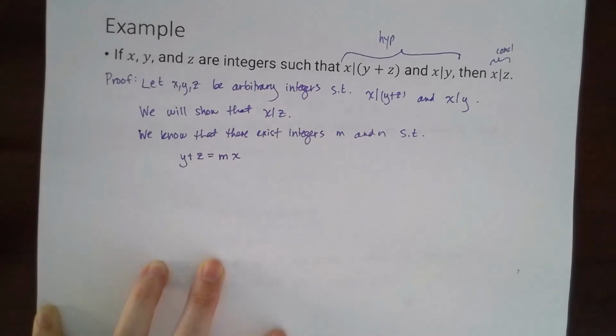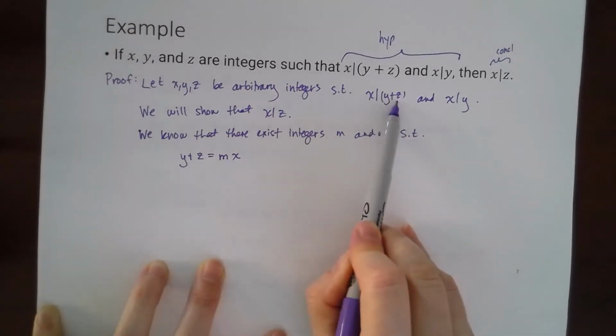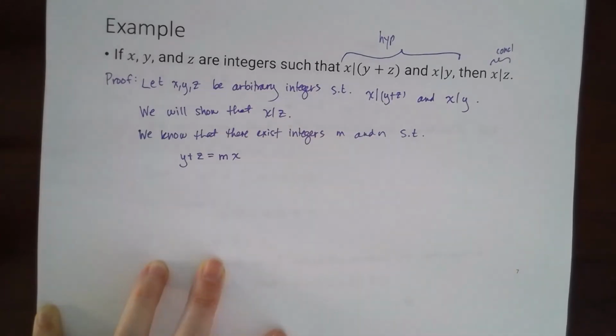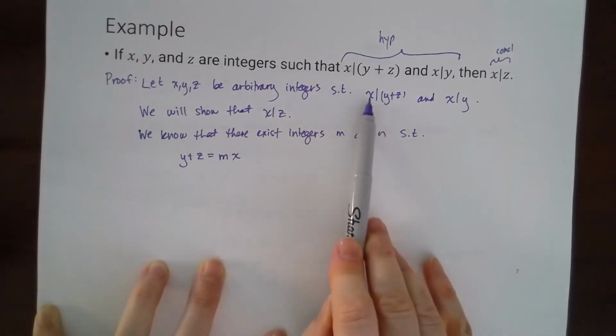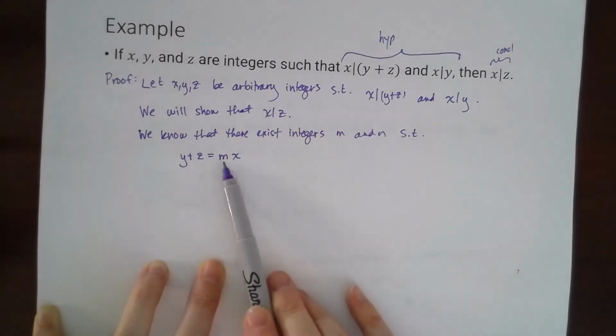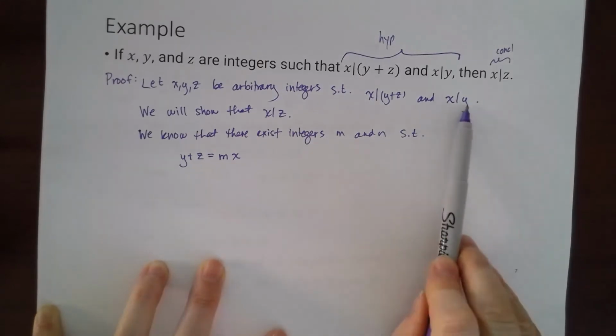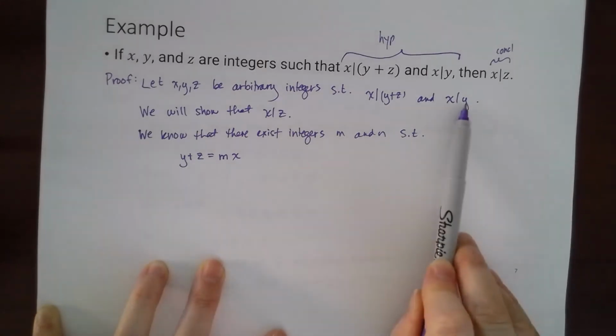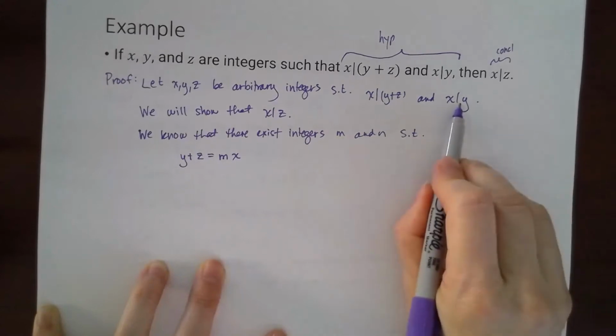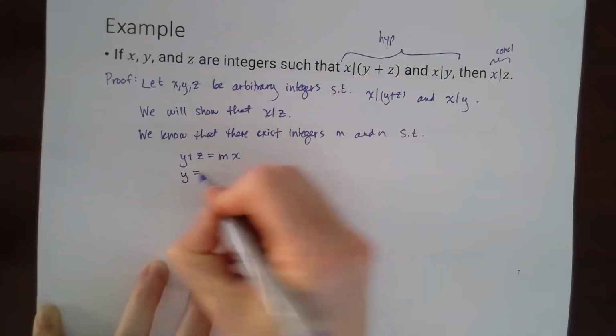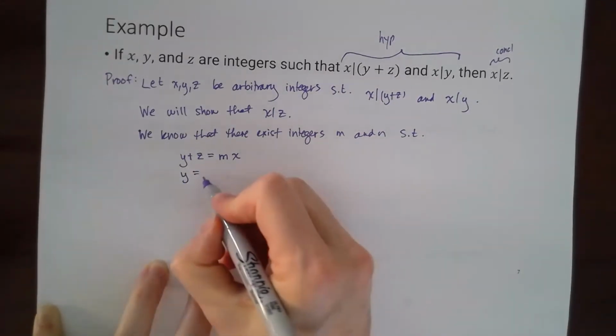That's what it means for x to divide y plus z. That y plus z is some multiple of x, so that when I divide y plus z by x, I get an integer value m with no remainder. All right, so that's what it means for x to divide y plus z. And then we can use n in our definition for x divides y. So here I can take y, and that has to be some multiple. This time I'm going to use n.